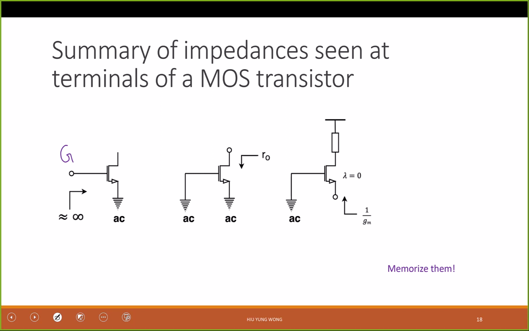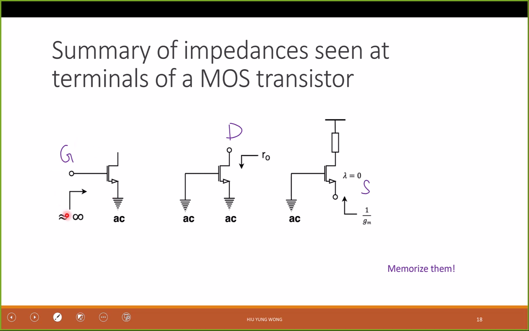When I look into the drain, it's pretty large. Not very large, but pretty large. And this is only true if the gate is grounded. If it's not grounded, if it has a signal, this is not r0. And if I look into the source, it is pretty small, 1 over gm.